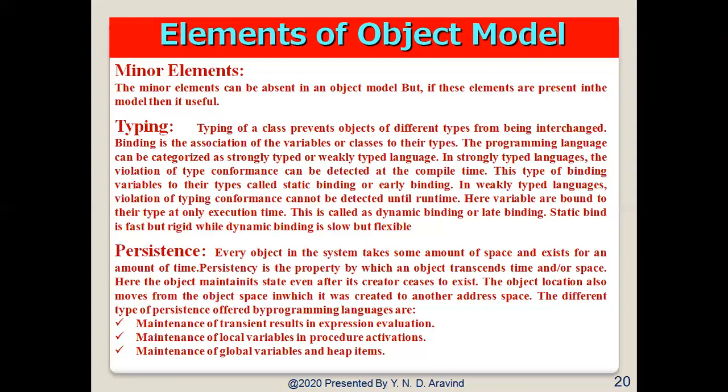Coming to the meaning of persistence, an object is a piece of software which takes up some amount of space and exists for a particular amount of time. Persistence saves the state of an object across time or space, and introducing the concept of persistence to the object model gives rise to the object-oriented database.